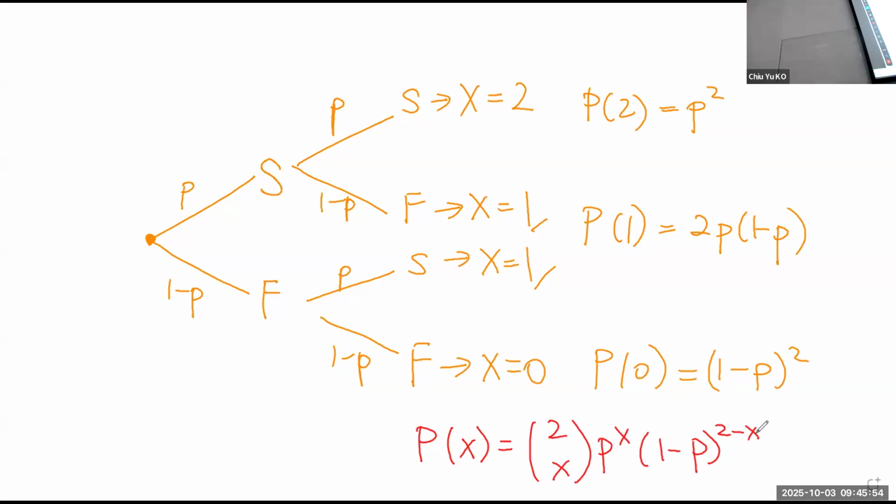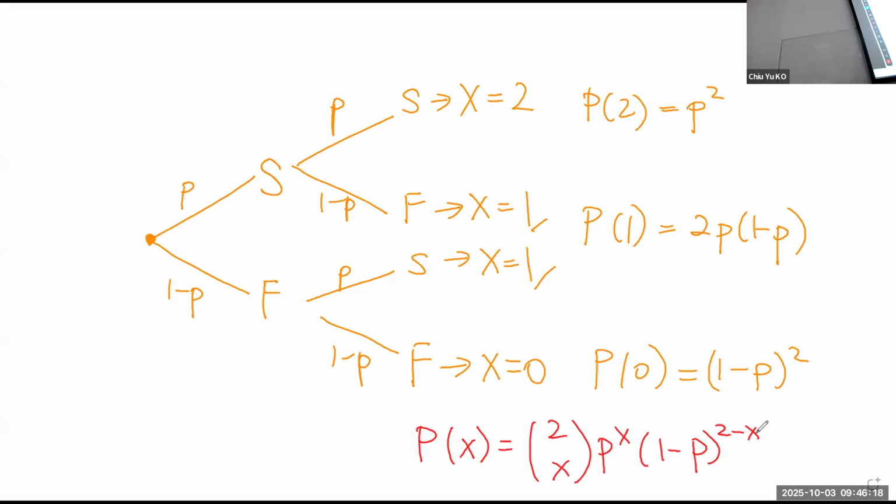But this is saying that the first X are success, the rest are not successful. But do remember that it depends on how you arrange the success, right? You can have first success or second success, right? So there's 2 choose X different ways to reorder them. Why? Because you can imagine that you have 2 balls, right?